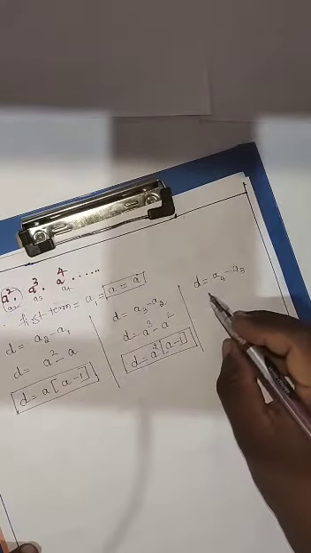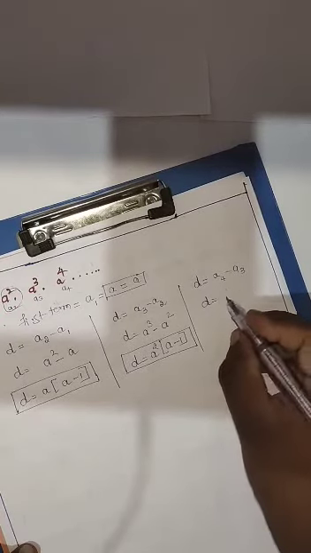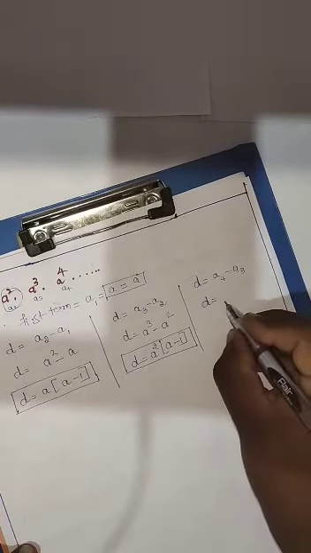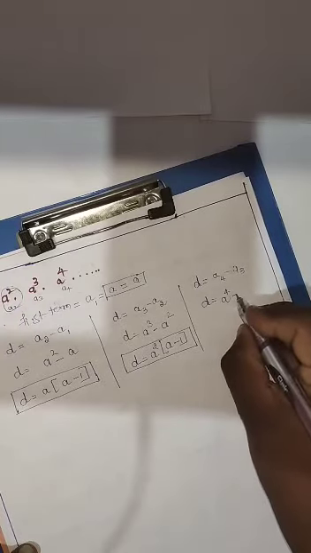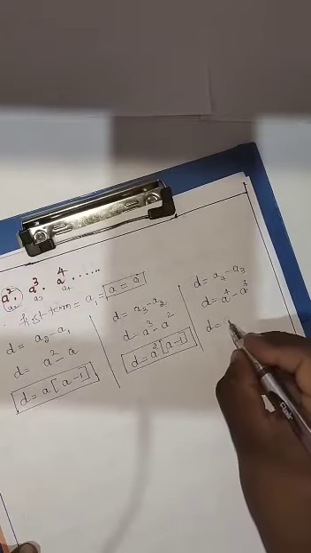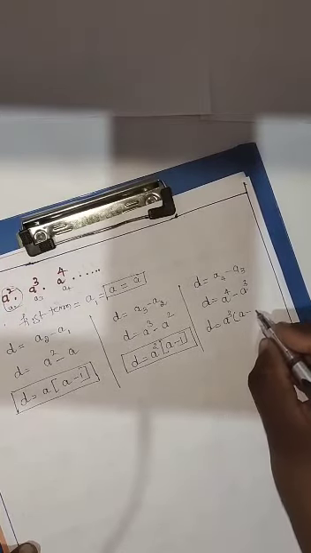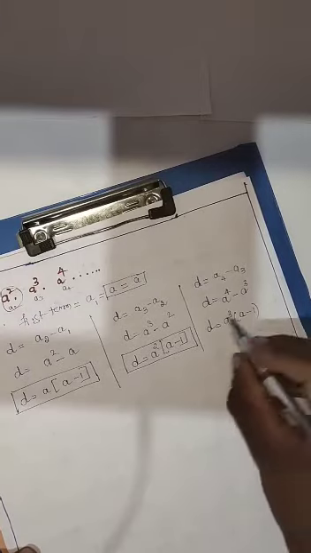So we know that d is equal to a4 minus a3. For the common difference, a4 is a to the power 4 and a3 is a cube. Here also we can take a cube as common, and the remaining term is a minus 1.